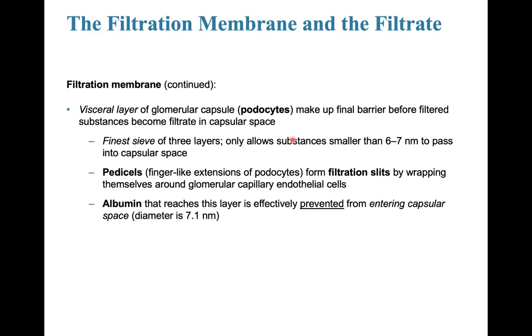The pedicels, which are finger-like extensions of the podocytes, form what are called filtration slits by wrapping themselves around the glomerular capillary endothelial cells. Albumin, which is a protein that's found in the blood that reaches this thin layer, is effectively prevented from entering into the capsular space.